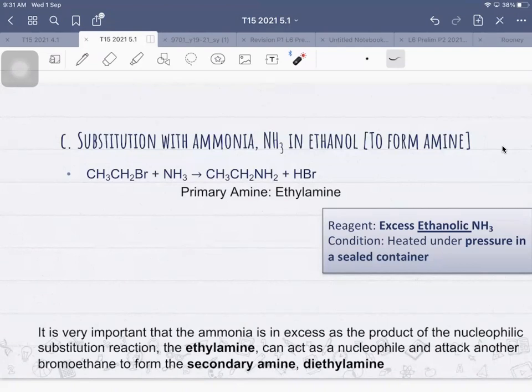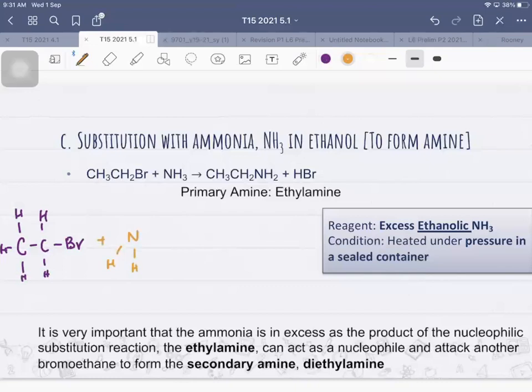If I draw this out for you, we have a bromoethane reacting with ammonia, NH3, and we know that the nitrogen is the one that owns the lone pair of electrons to form a new functional group called amine.